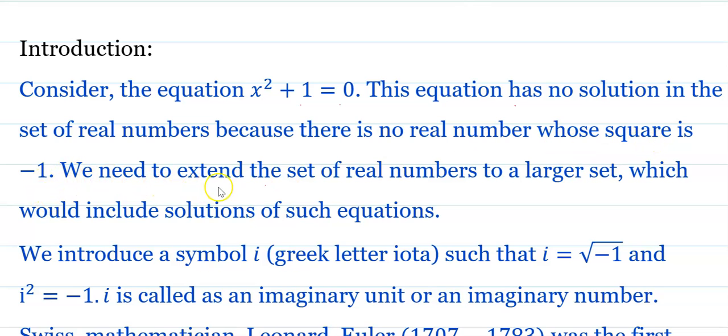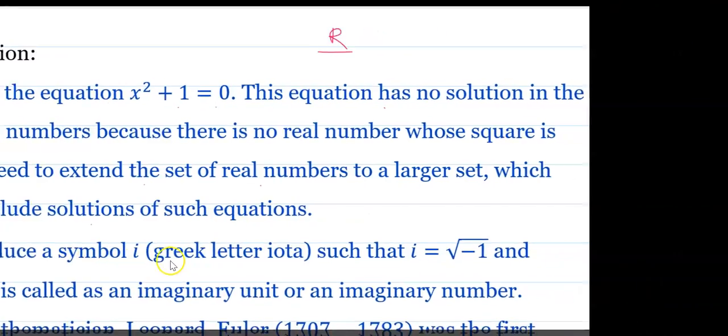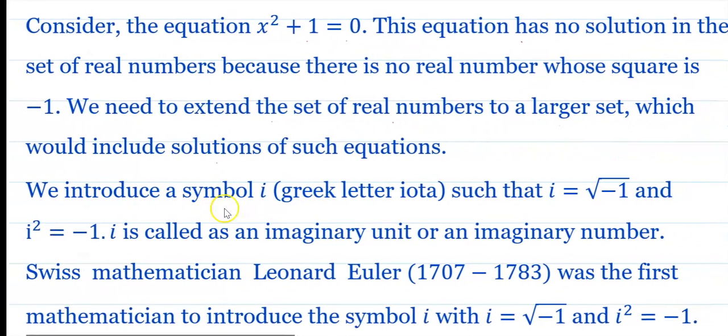We need to extend the set of real numbers to a larger set. आपण जो set of real number हा learn केलेला आहे, यामध्ये काय होतं की set of natural numbers, whole numbers, integers, rational numbers या types. Okay, now we need to extend the set of real numbers to a larger set, which would include solutions of such equations. Okay, for that आपण एक नवीन number, नवीन symbol इथे introduce करणार.